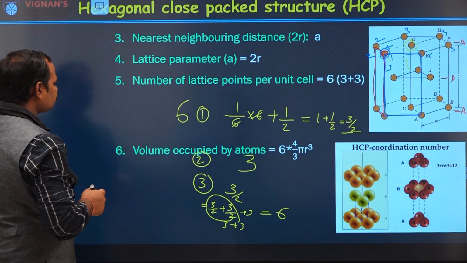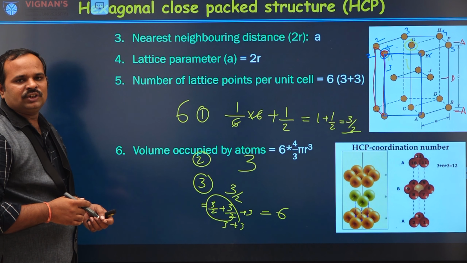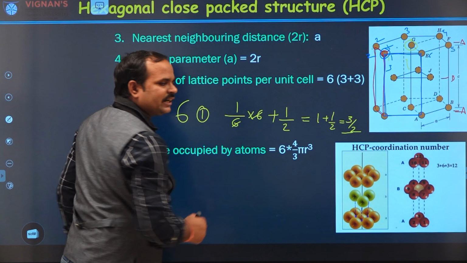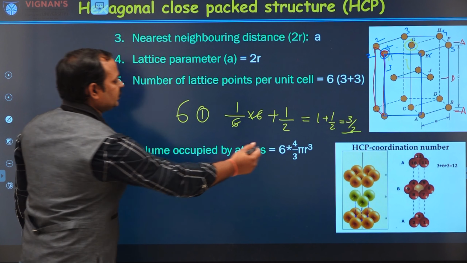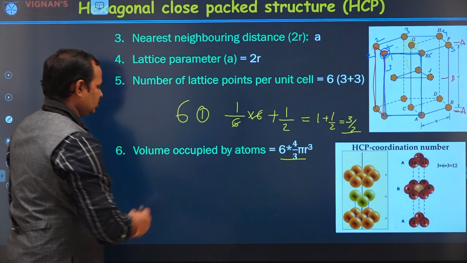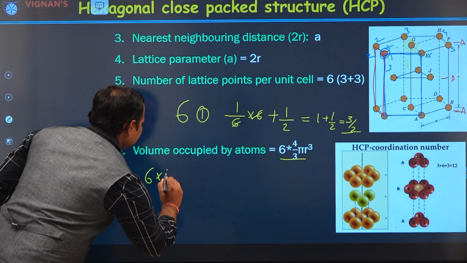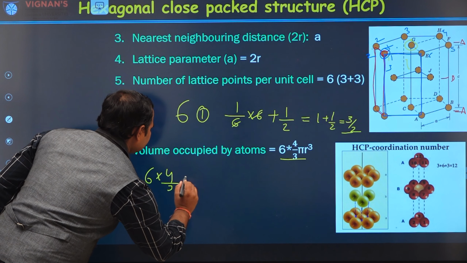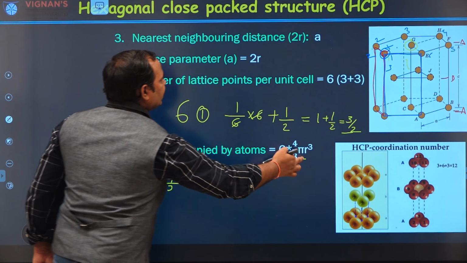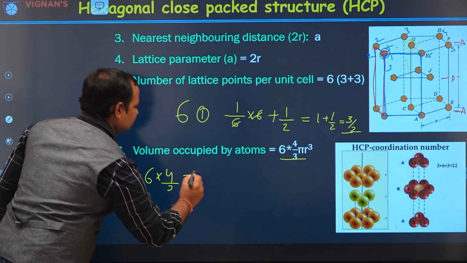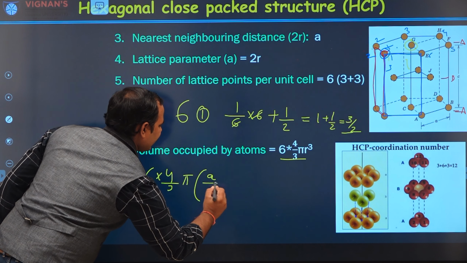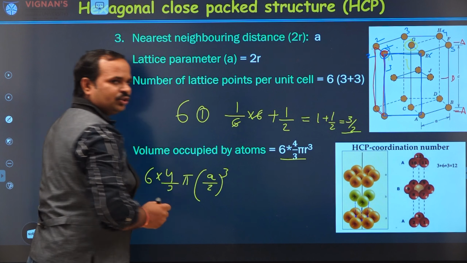Next, the volume occupied by the atoms in the unit cell. There are 6 atoms per unit cell, so 6 into 4/3 pi r cube. We know r is equal to a by 2, so a by 2 whole cube.